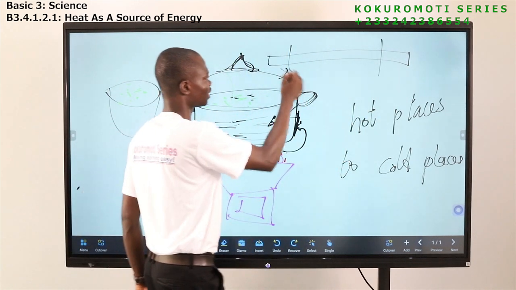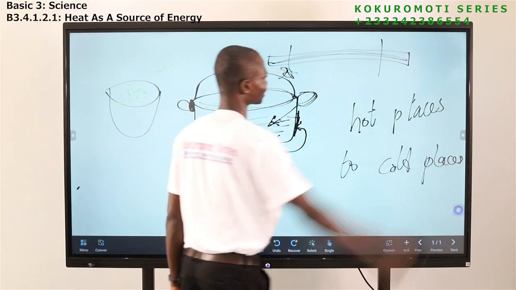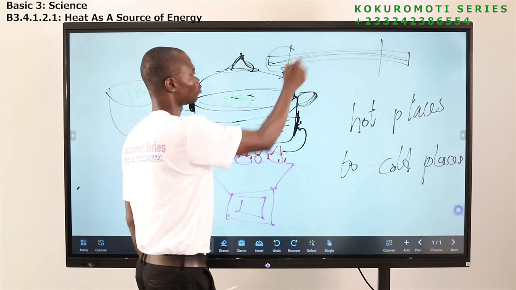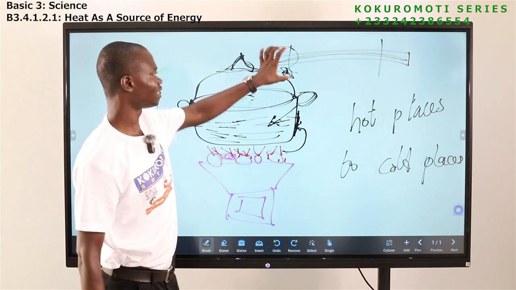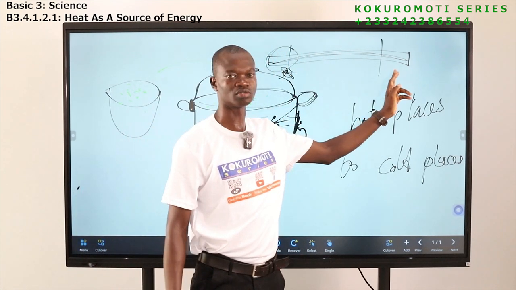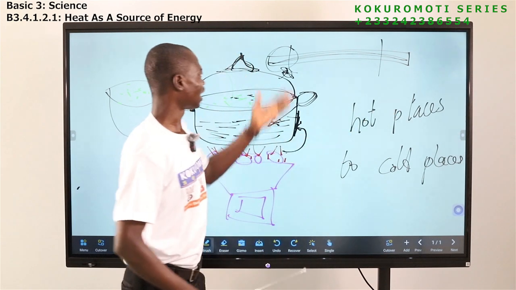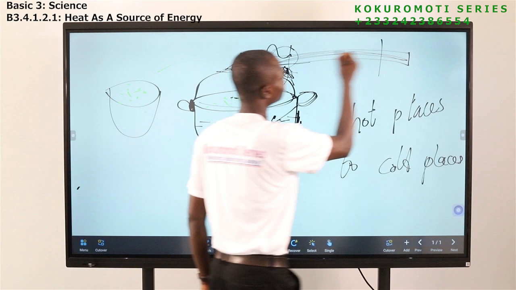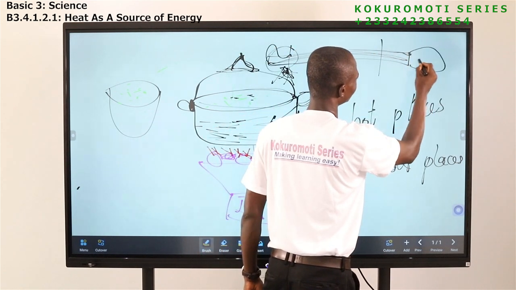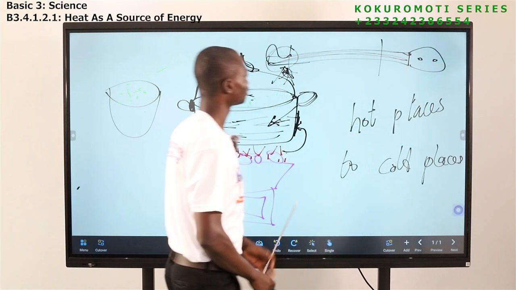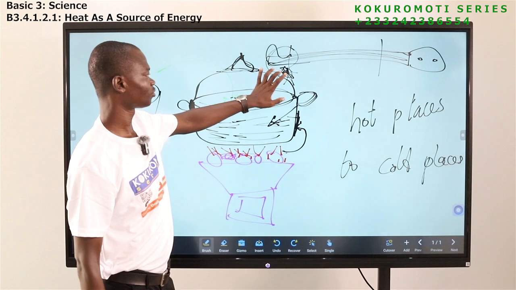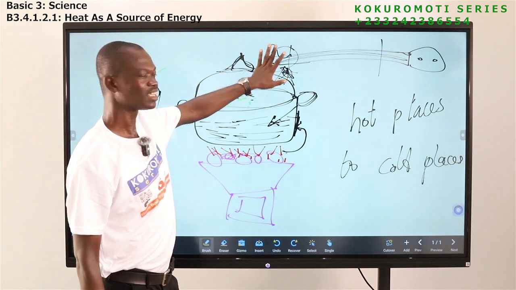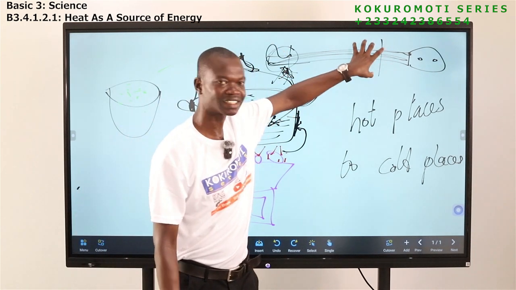So if there is fire here, let's say this is a cutlass. If there is fire here, this side will become very hot, and the heat in this side will travel to the other side. At the beginning, if the fire is here, you have your cutlass here. This is your cutlass. This is the handle. If there is fire here you can't touch, but at the beginning you can even hold this side.